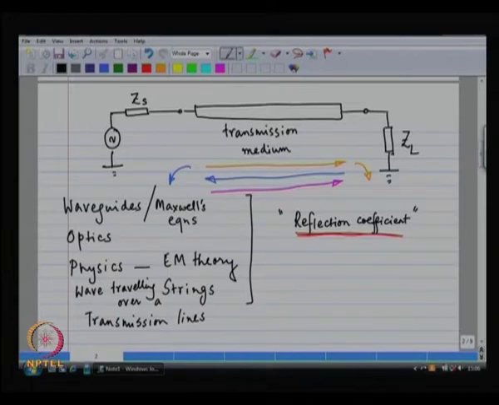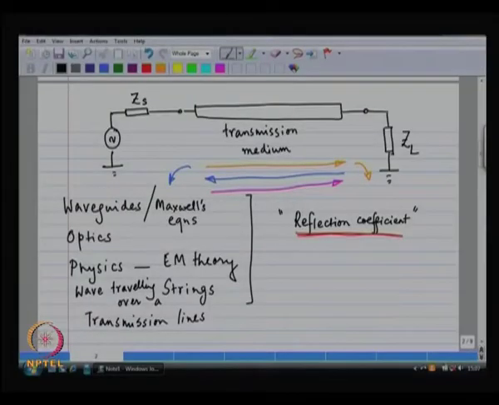Okay. Now, there is also this business of the reflection coefficient. If you transmit something and it hits a wall, part of what you transmitted is going to be absorbed by the wall, part of it is going to be reflected by the wall. The ratio of what gets reflected to what was transmitted is the reflection coefficient. Okay.